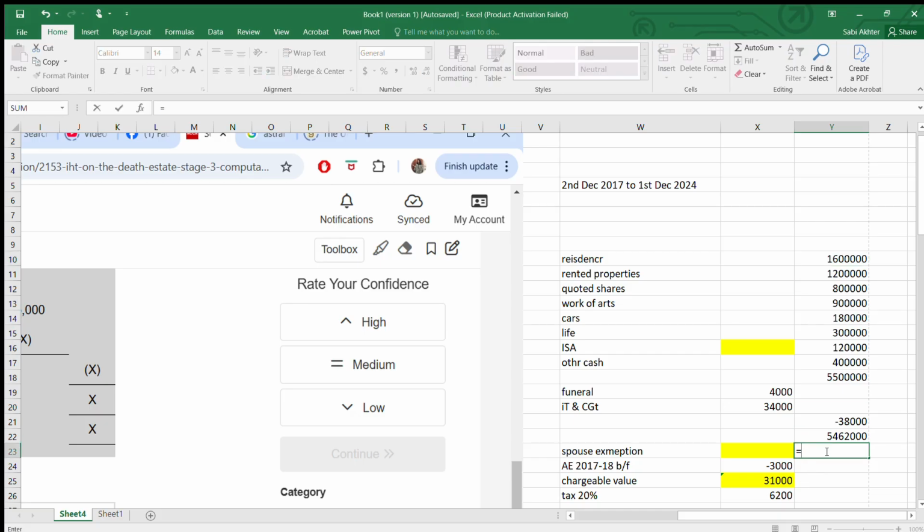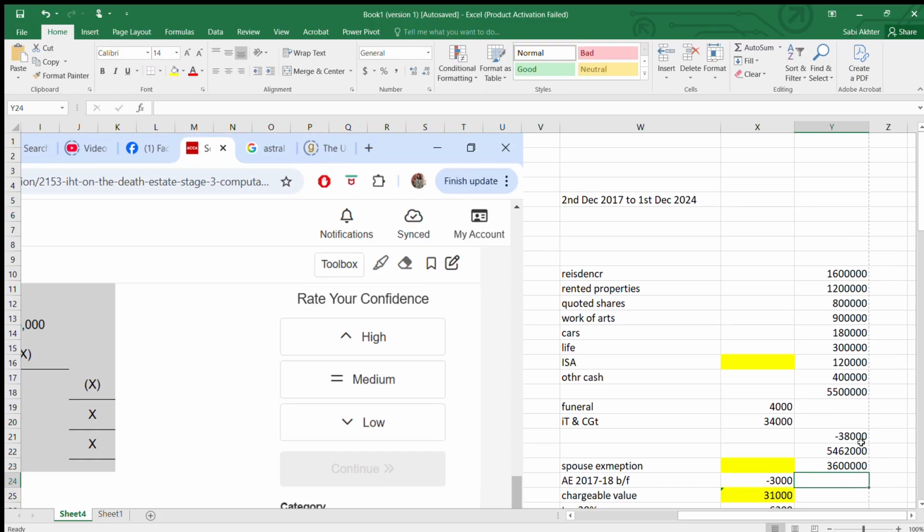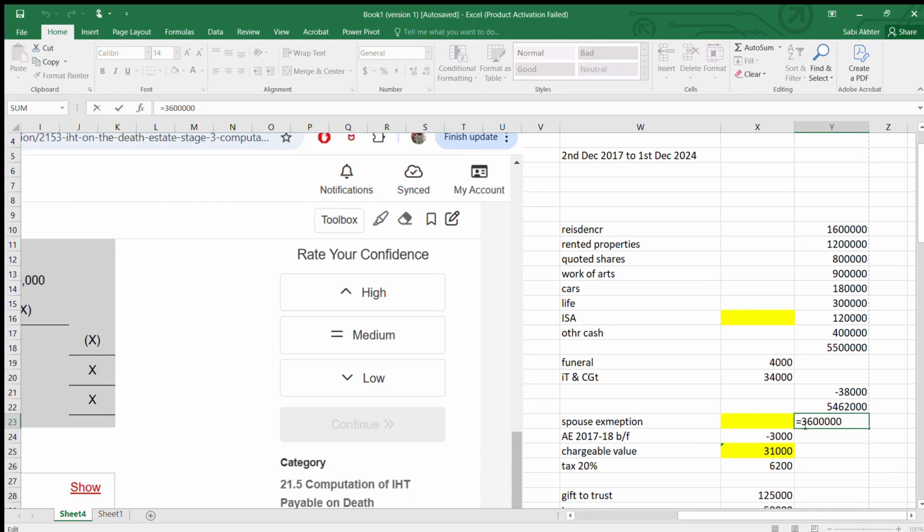So it's 2 million plus 1.6, so 3.6 million, which will be deducted. Just put a minus. Then we are going to find the chargeable estate. When you're working on the death estate, always write chargeable estate. When you're working on transfer of value, then you can write chargeable value.